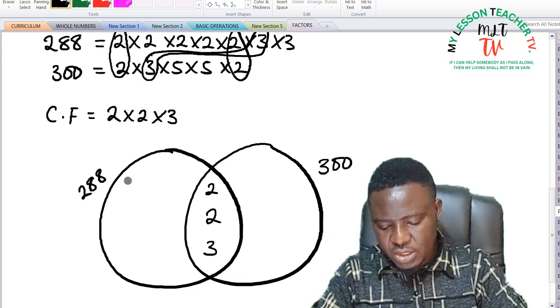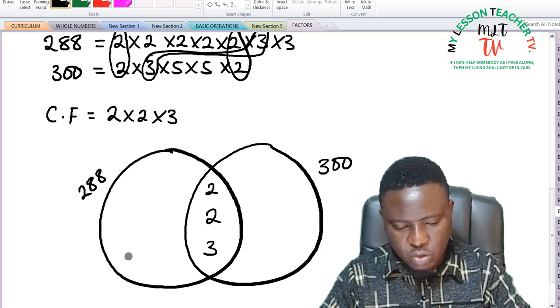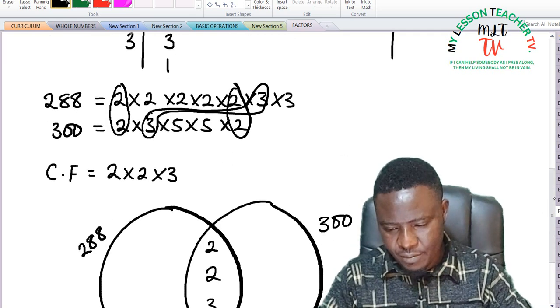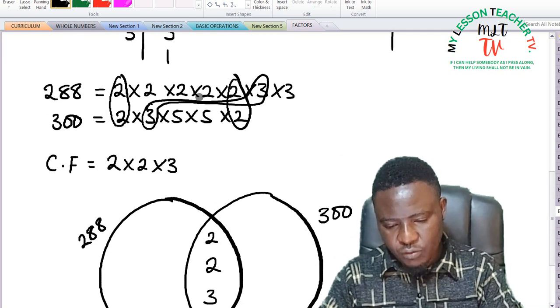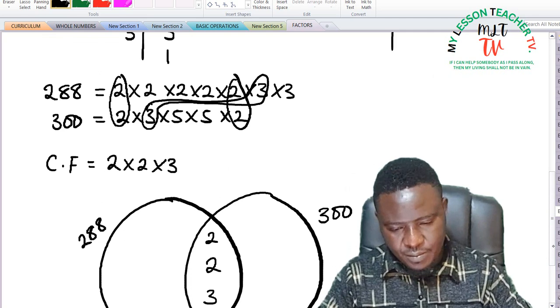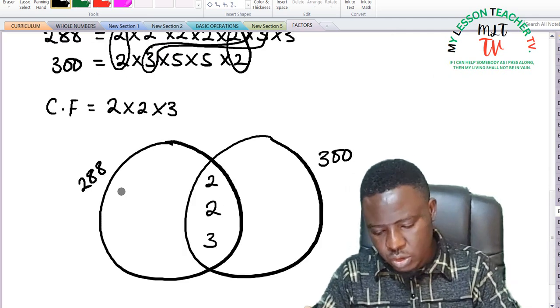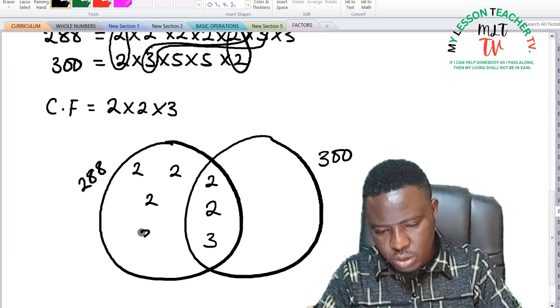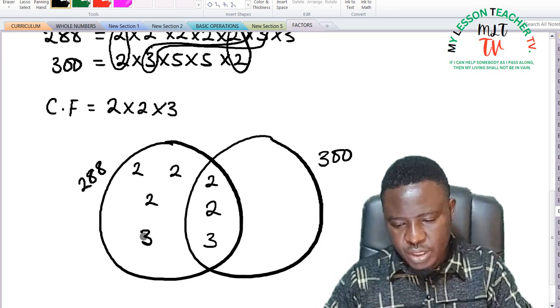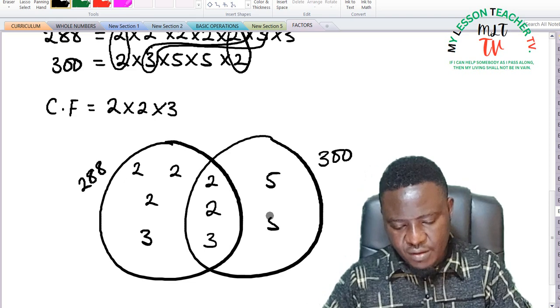While in the region that has only factors of 288, we have three 2's and one 3. So this is 2, 2, 2, 3. And for 300, we have 5 and 5.